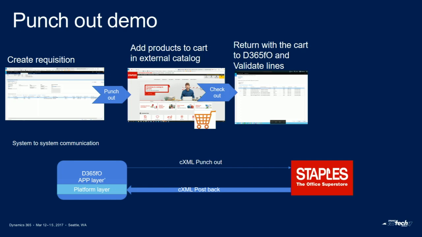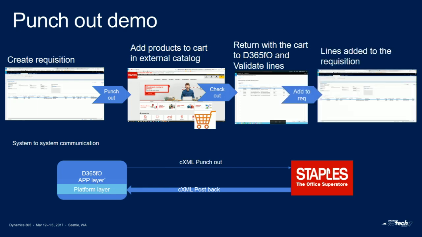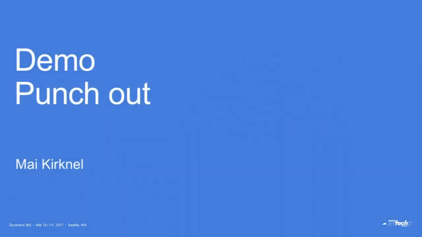I map the procurement categories of my system so it becomes correct in my system, and then I add them to the requisition. From that requisition, I can punch out to multiple catalogs one by one. From here on, it's a normal process where you submit the requisition to workflow and so on. So let's take a look at that.